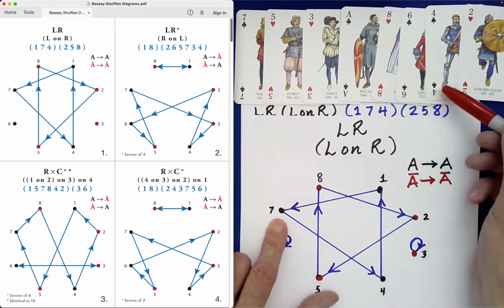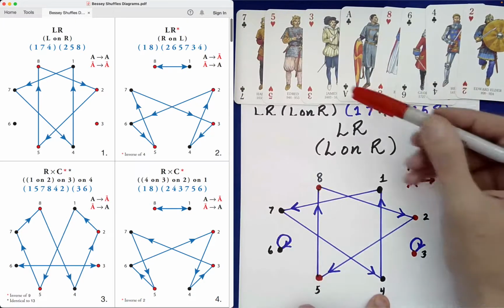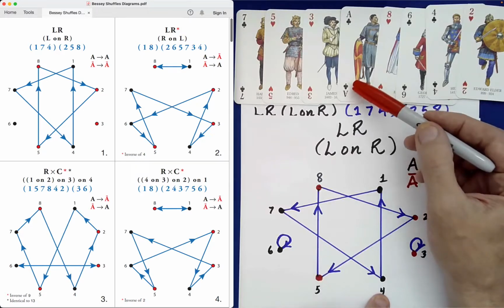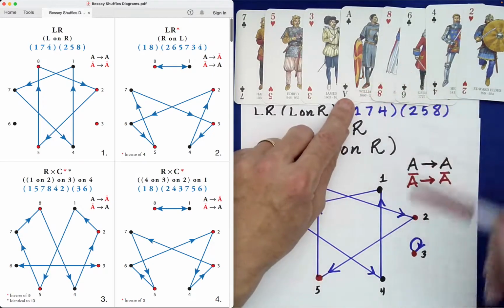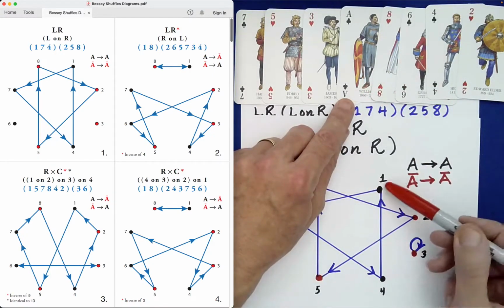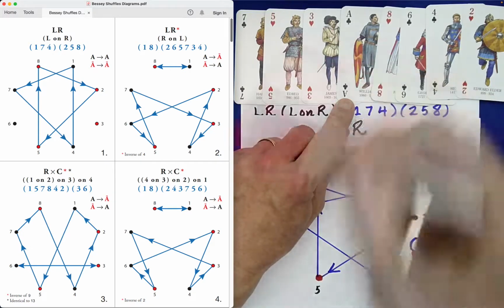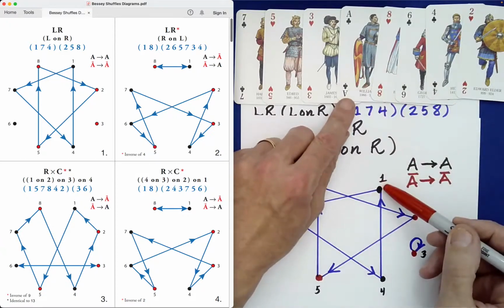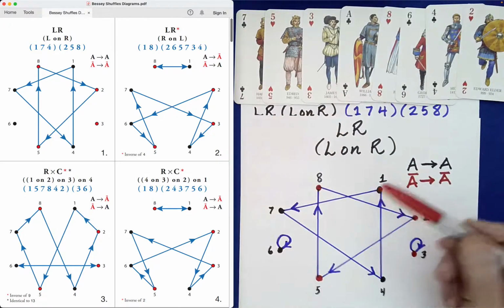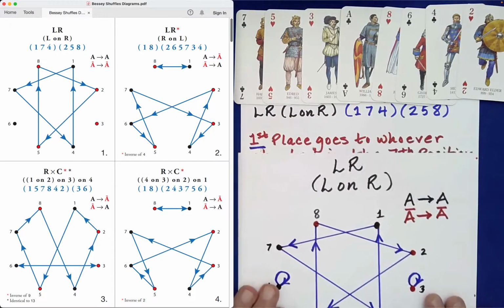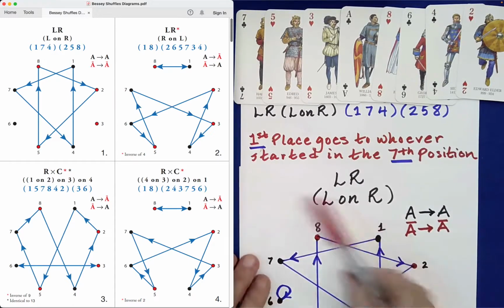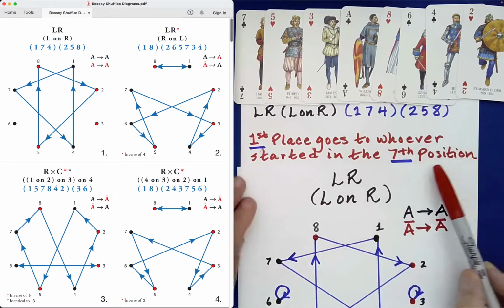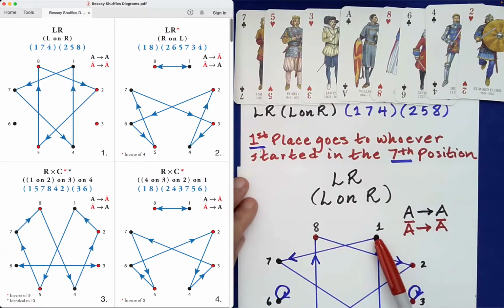And that's what we see here. 4th place, which is over here, goes to the individual who was originally in position 1. And that is the person, William I, was originally in position 1. So this is a way of interpreting really what's going on. We say first place goes to whoever started in the 7th position. So the arrow going from 1 to 7 is best interpreted in that sort of way.